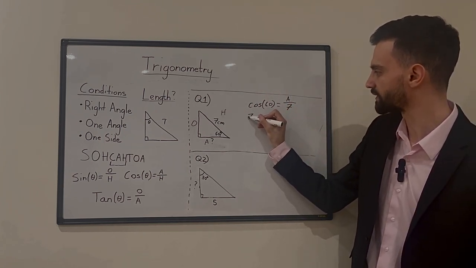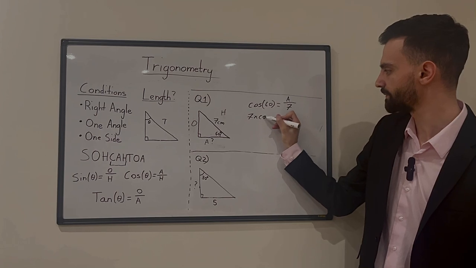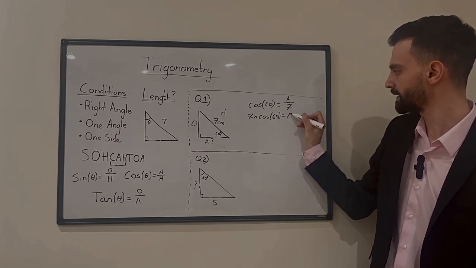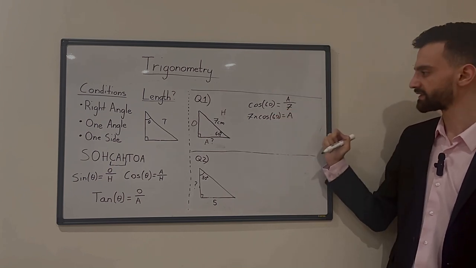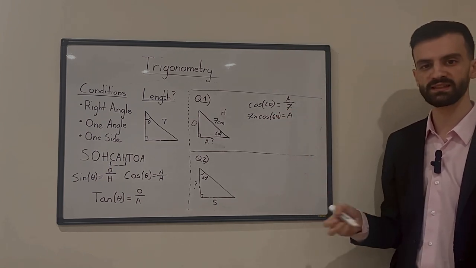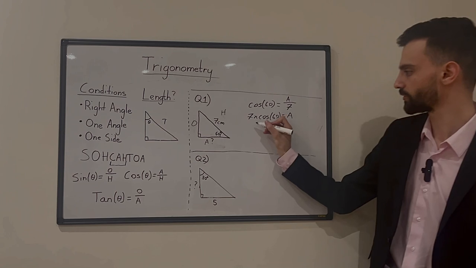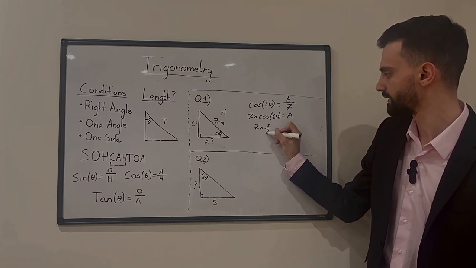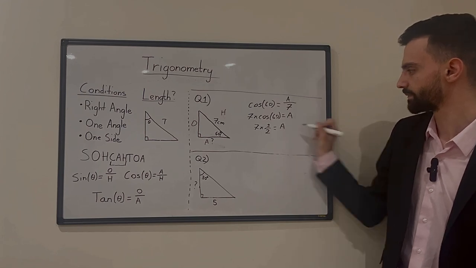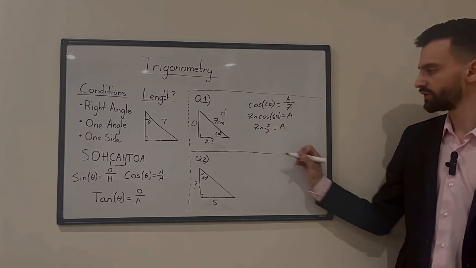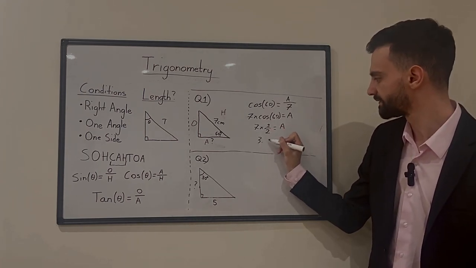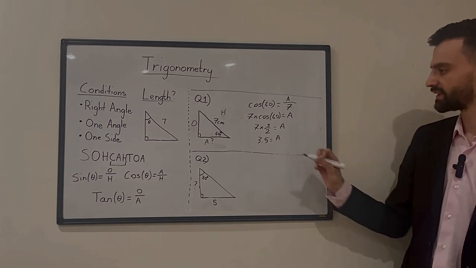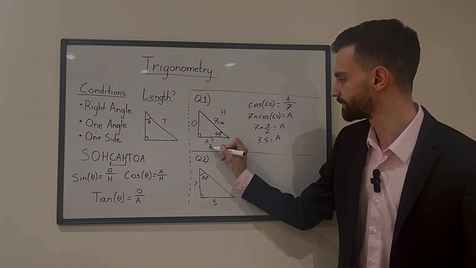So I have 7 times cos 60 is equal to A. I'm going to simplify this underneath. I know cos 60 simplifies to 1 over 2, so I have 7 multiplied by 1 over 2 is equal to A. 7 divide 2, which is 3.5. And that's equal to my adjacent. And I'll write that down here.